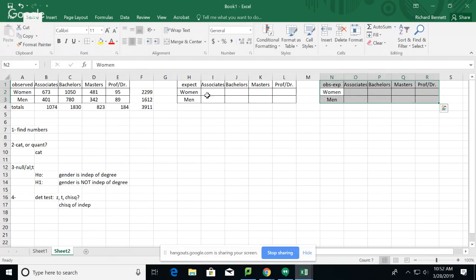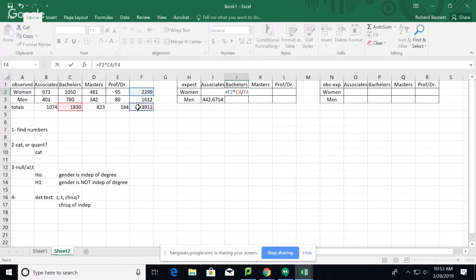The expected would be the total of the row times the total of the column divided by the grand total. Total of the row, so now I'm on the second row, times the total of the first column divided by the grand total. It doesn't matter if you do row or column first, but I would be very deliberate about this so you don't make a mistake.